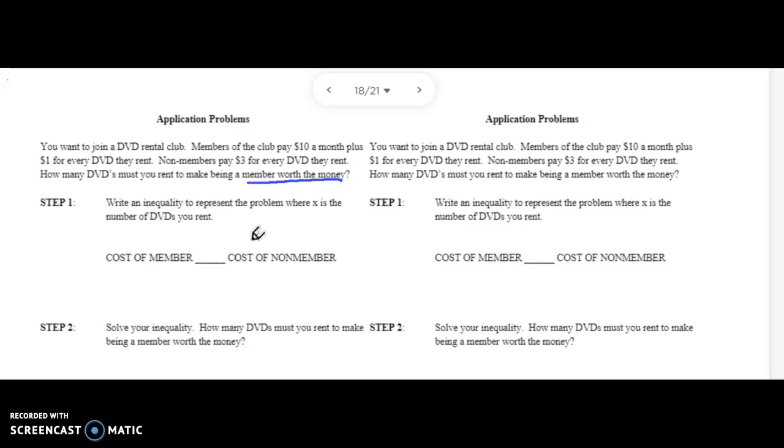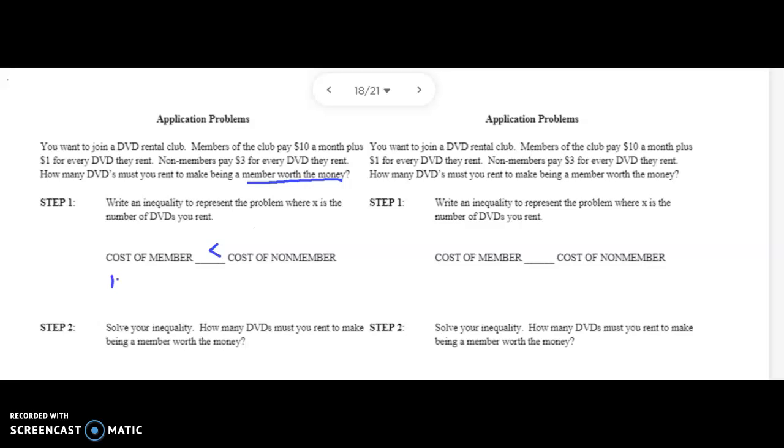So what I'm going to do is the cost of a member is going to be less than the cost of a non-member, all right? So that's key. So the cost of a member is expressed by, it says $10 a month plus $1 for every DVD they rent.